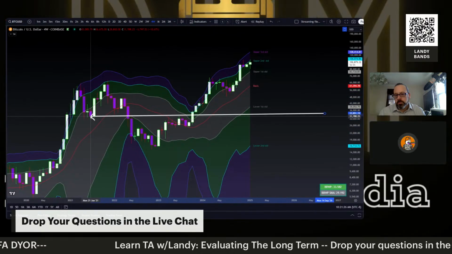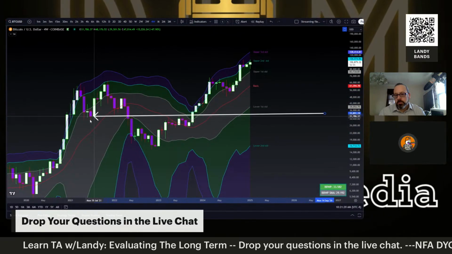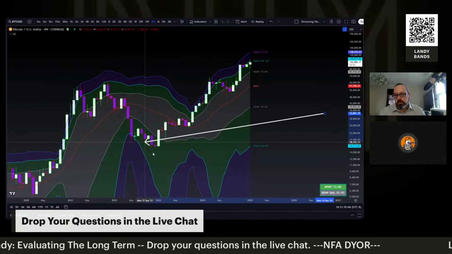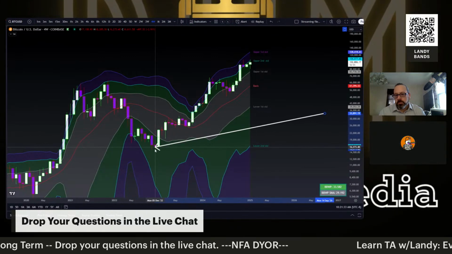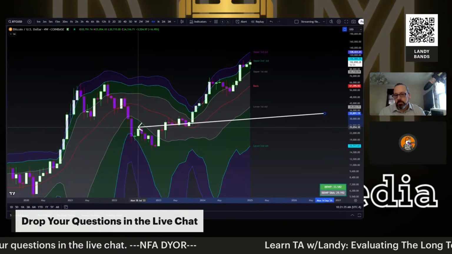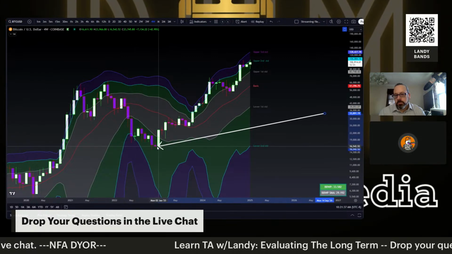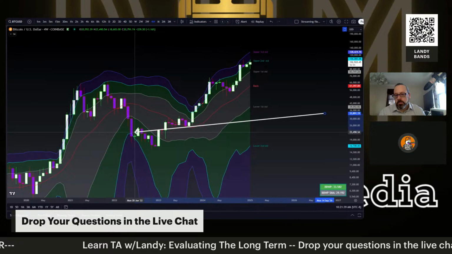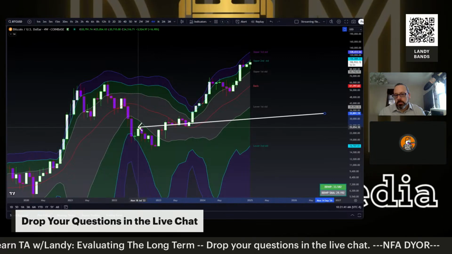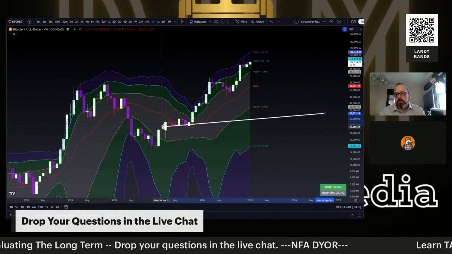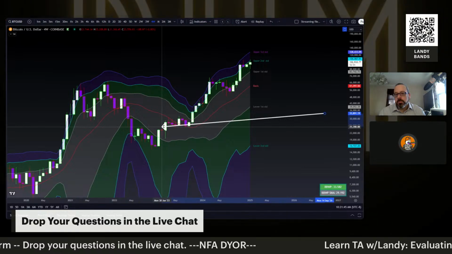So lows, this is the most relevant low when Bitcoin was coming off of its lows. Of course, we had a high to work off of here when Bitcoin was coming off the very low. We had to worry about this high right here, right, which was an area of interest in January of 2023 here.